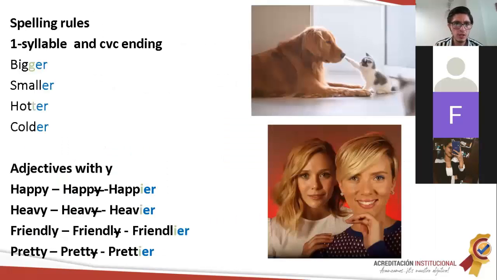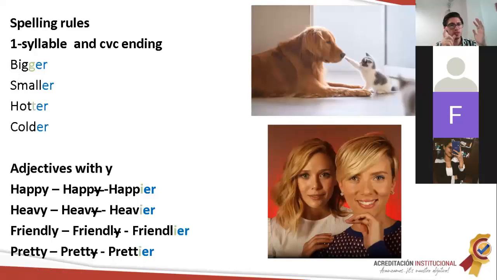Now, let's look at the spelling rules. This is also important for this topic. When you have a one-syllable adjective with the CVC ending, if you don't know what CVC is, it's consonant, vowel, consonant. So, for example, we have big. Does it have one syllable? Of course it has. Big.